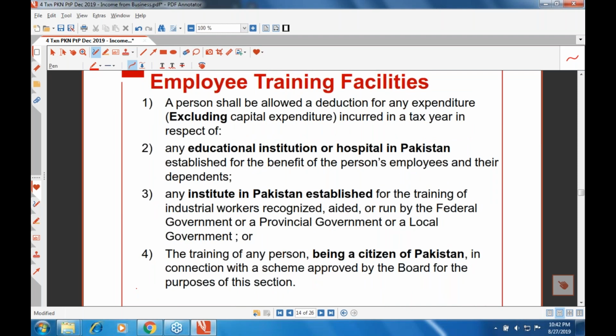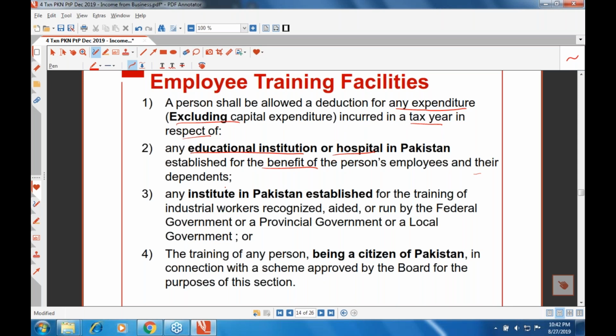It says a person shall be allowed a deduction for any expenditure excluding the capital expenditure incurred in Pakistan in respect of any educational institution or hospital in Pakistan established for the benefit of persons, employee and their dependents. A lot of companies have their own hospitals, their own schools and colleges where the employees are being given access.